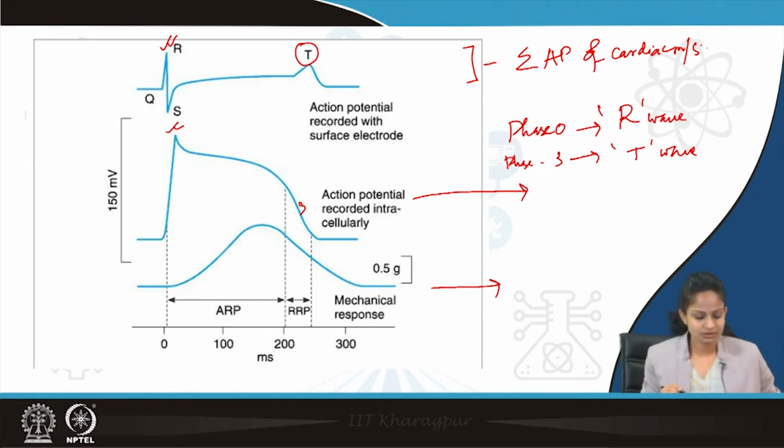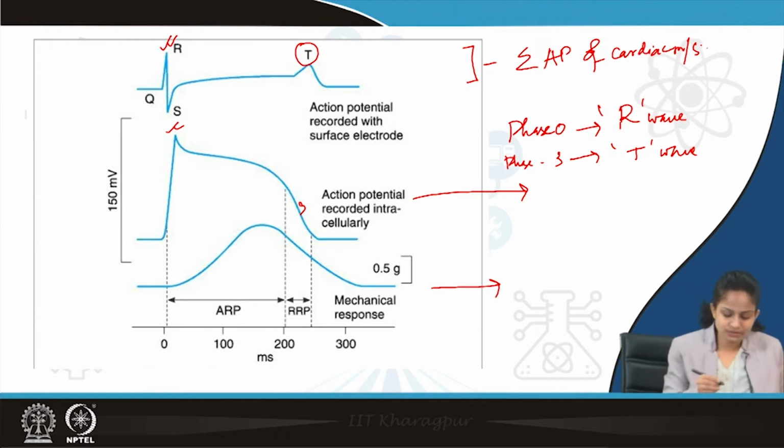So, this is all about ECG, and since we talk about an interval, we have to include the wave over here. So, we do not take the RT interval, we take the QT interval.